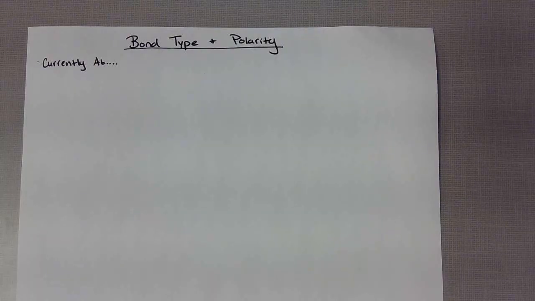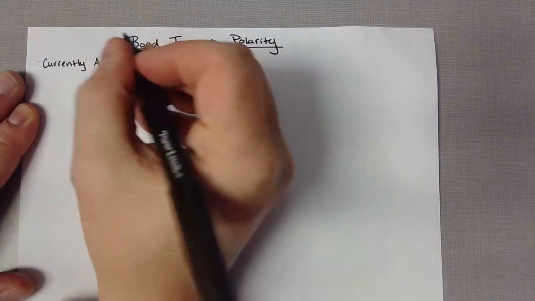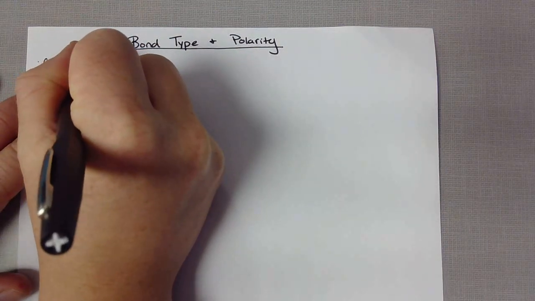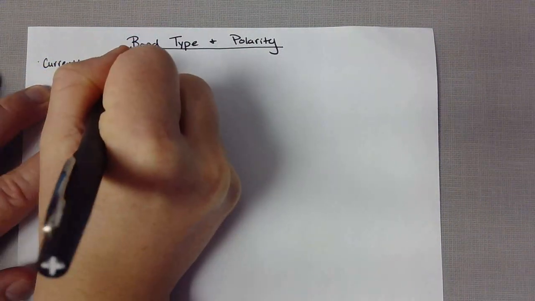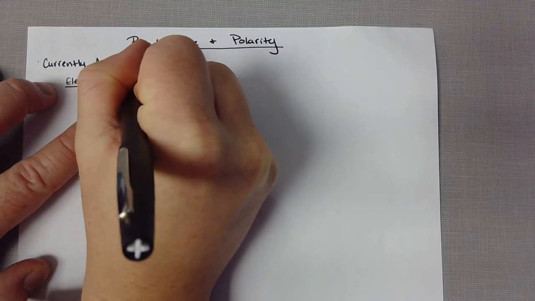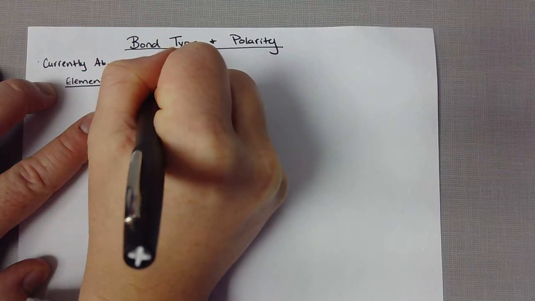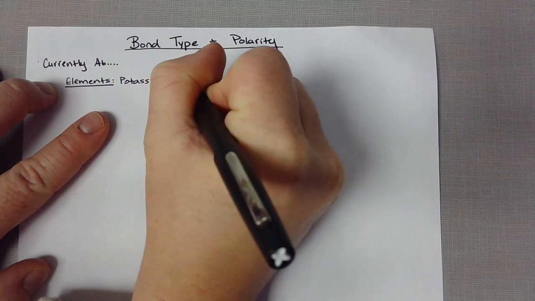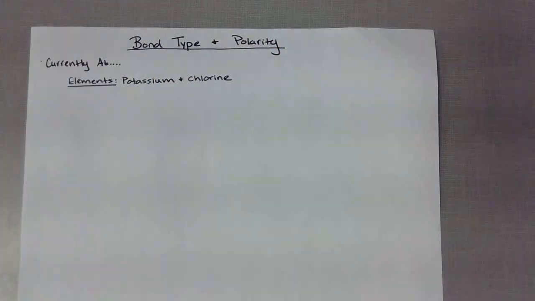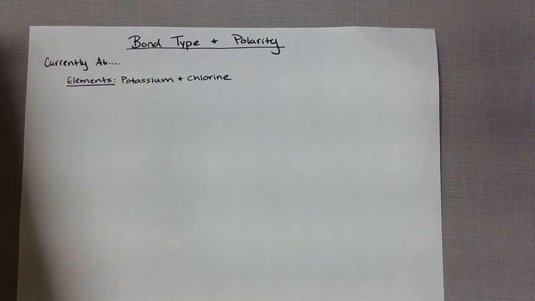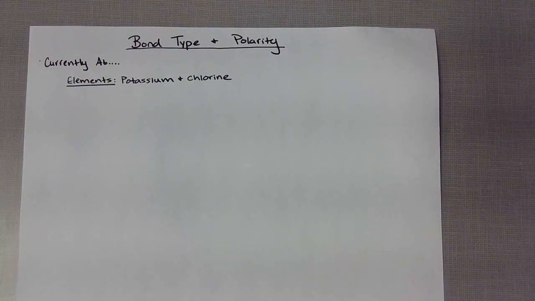So we could look up the elements potassium and chlorine. Shooting you back to sheet one of the unit, we could look up those elements, we could find them on a table, and we could identify their valence electrons based on their position on the table.